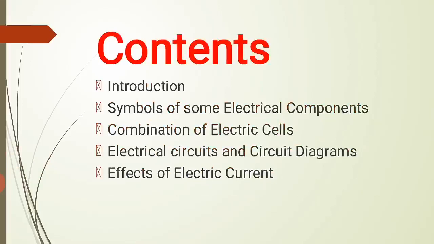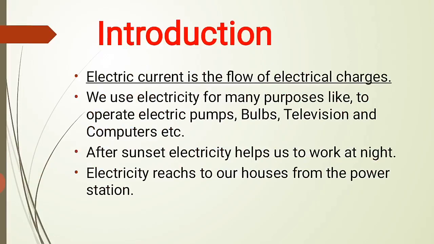Next, here is the introduction. Electric current is the flow of electric charges. You have already learned about electric current in 6th standard. That is nothing but the flow of electrical charges. Here charges means electrons.